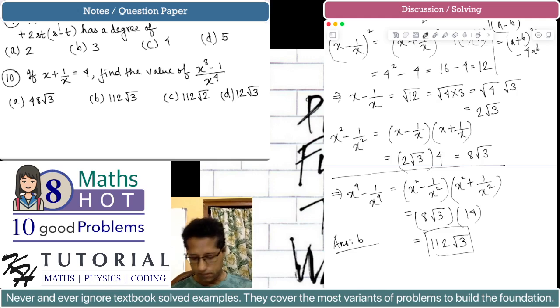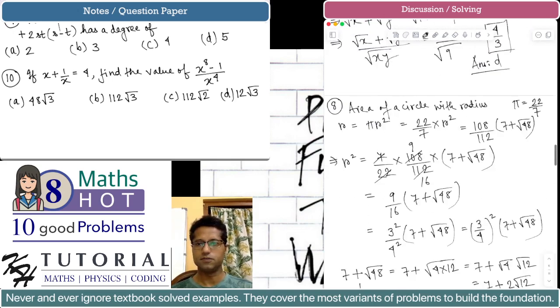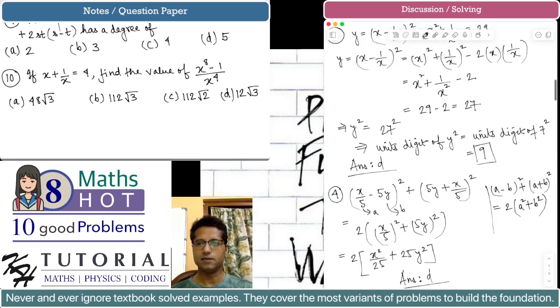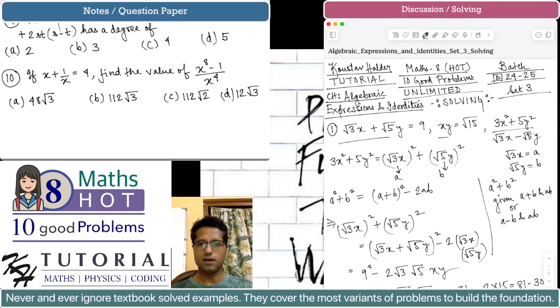Okay, so this brings to an end the solving of the 10 good problems of set number 3 on the chapter of algebraic expressions and identities. If you have not watched the theoretical videos where I have covered this chapter thoroughly in the other playlist, CBSE Maths 8 RS Agarwal, I strongly suggest that you watch those videos also if you need a good understanding of the concepts of this chapter.